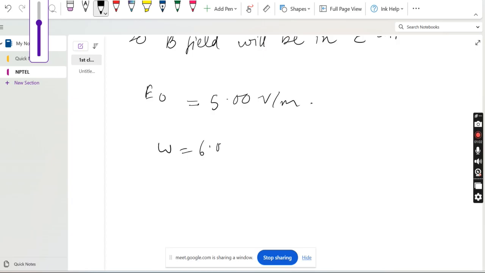Omega is 6.00 into 10 to the power 9 second inverse.